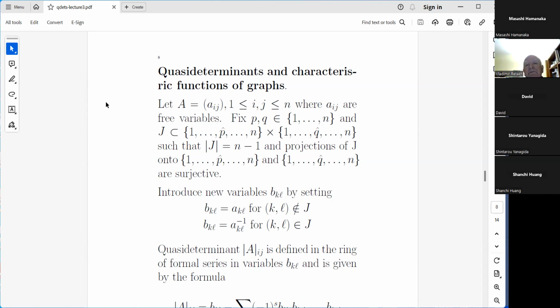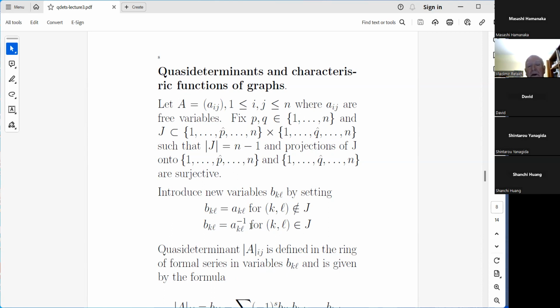Okay, this is my choice of indices PQ. And when I choose such elements, it means that in my formulas, these elements will be always invertible, but no other element will be invertible. Okay, this is just an explanation of what's going on.